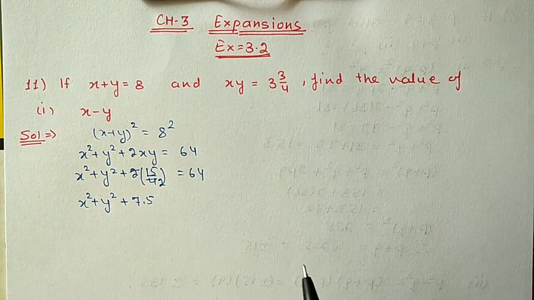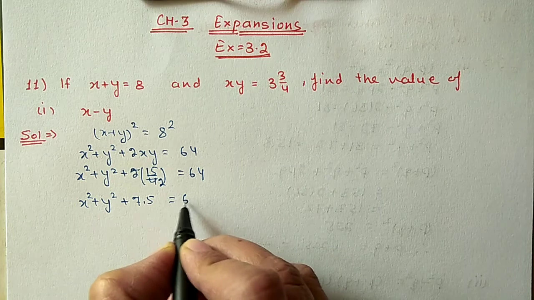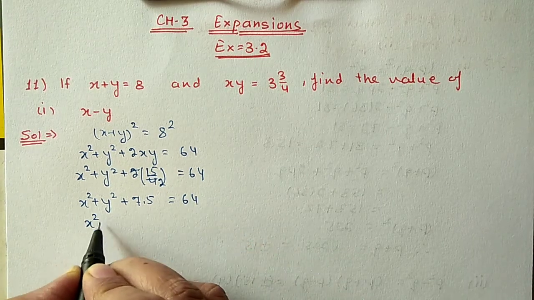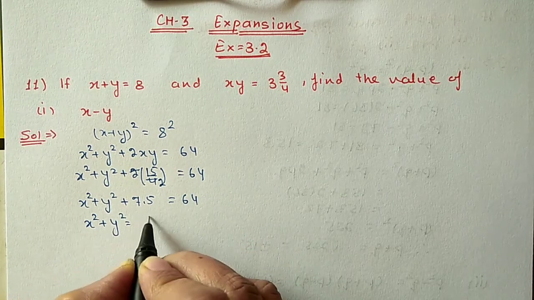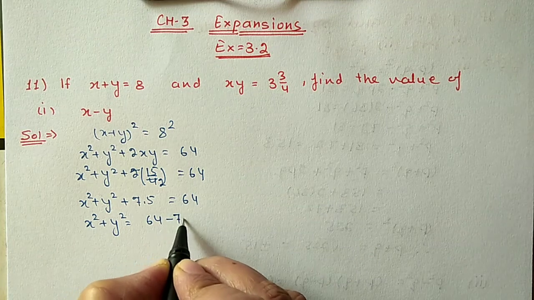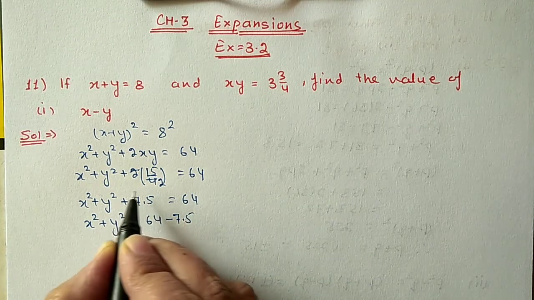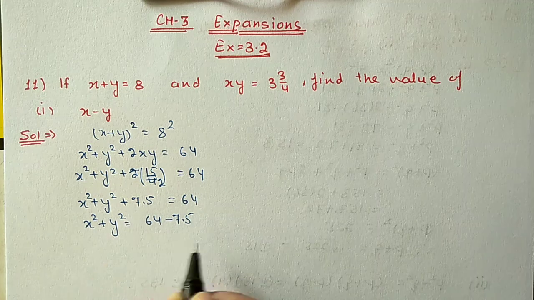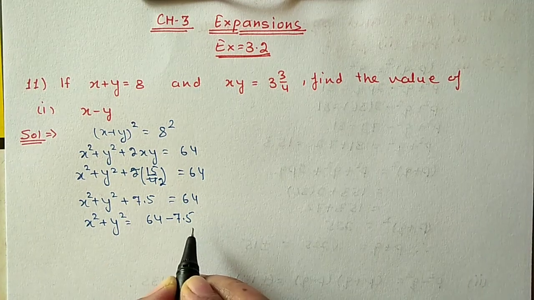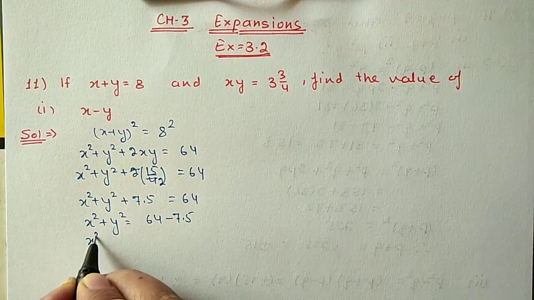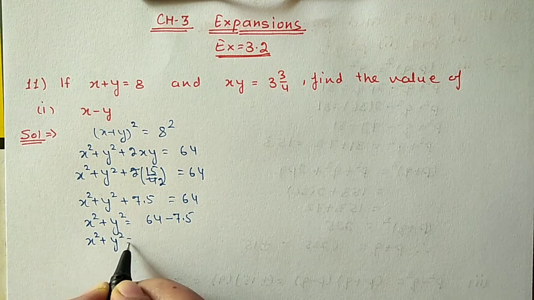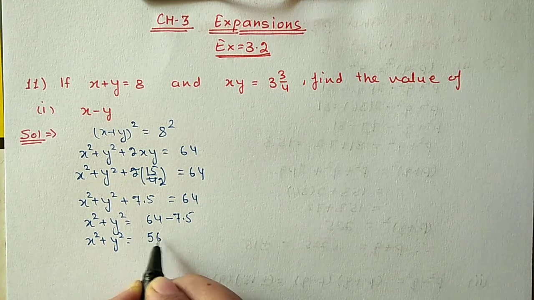You can keep it in fraction or you can change it into decimal. So x square plus y square is equal to 64 minus 7.5. This 7.5 here is in addition, and when we shift it to the other side it will go for subtraction. So we will get x square plus y square equal to 56.5.